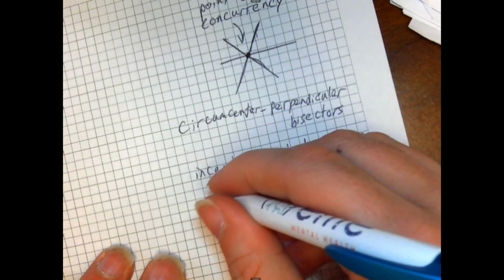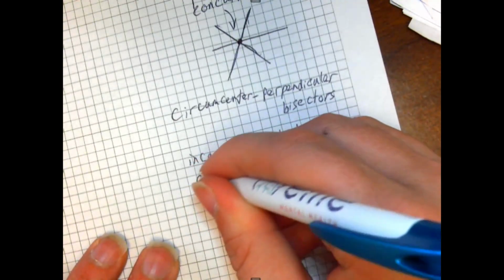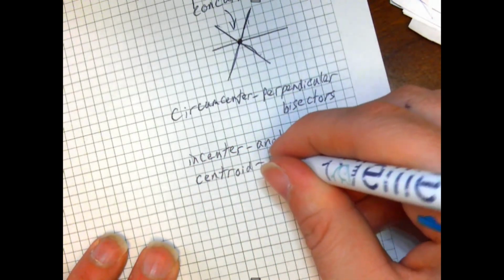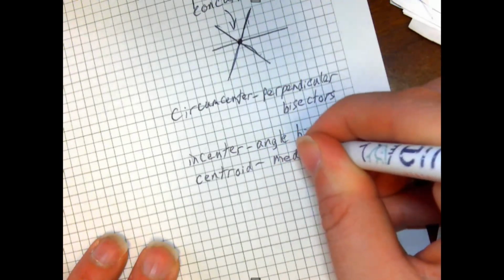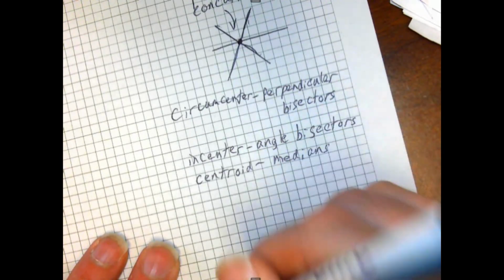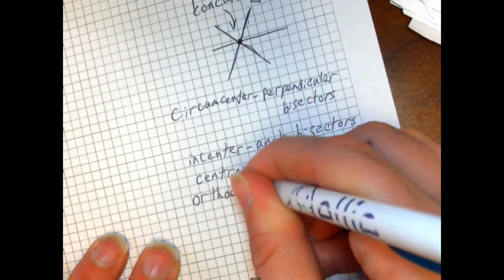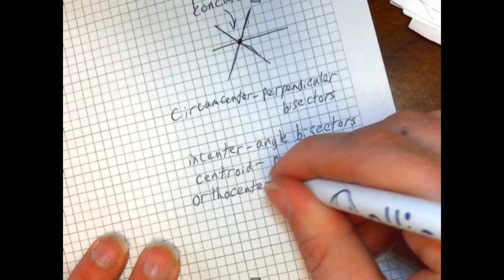The centroid is where the medians cross. And the orthocenter is where the altitudes cross.